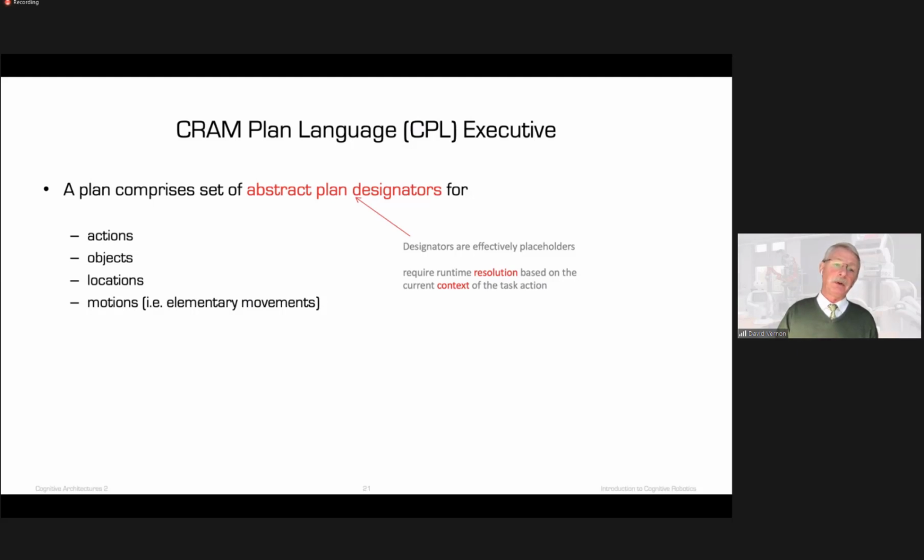And it's important that location designators are not just single-valued singletons that give you one value; they can give you a distribution of possible values that you can choose from. And then finally, the lowest level of all are the motion designators, and these correspond to the elementary motions that I showed you in the diagram, where I showed you how CRAM implements the Flanagan model of action execution.